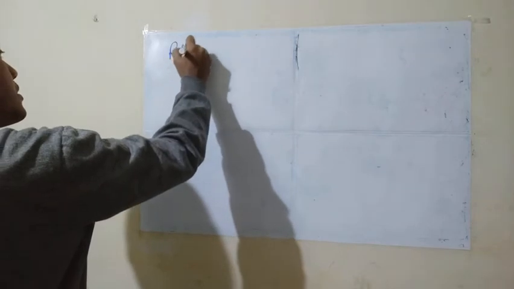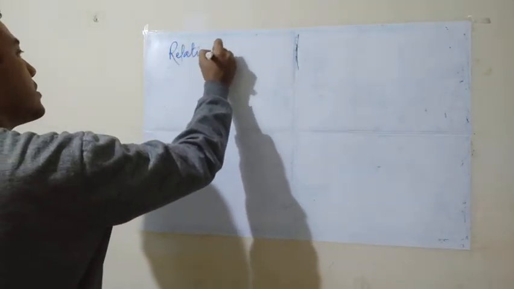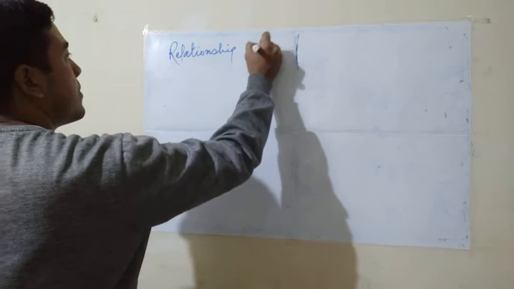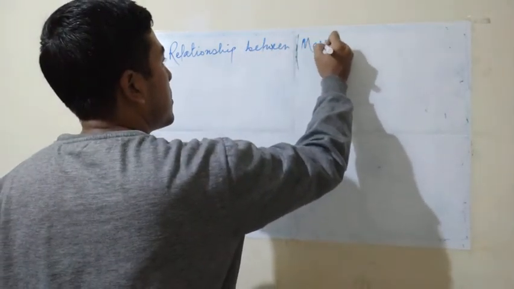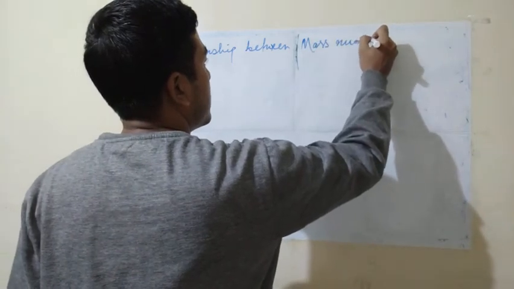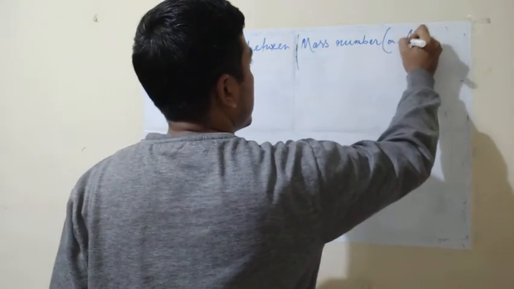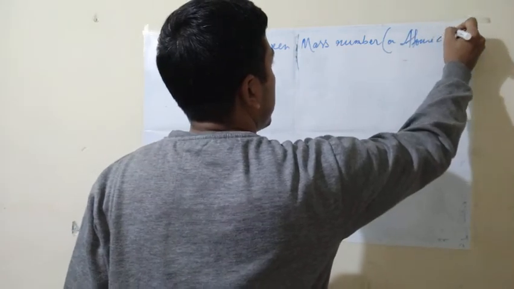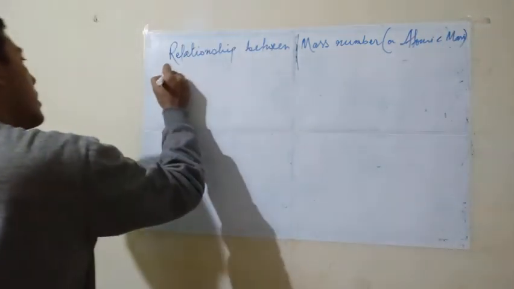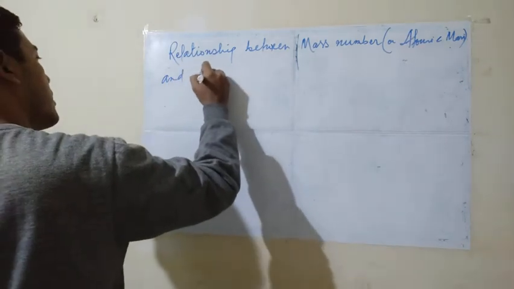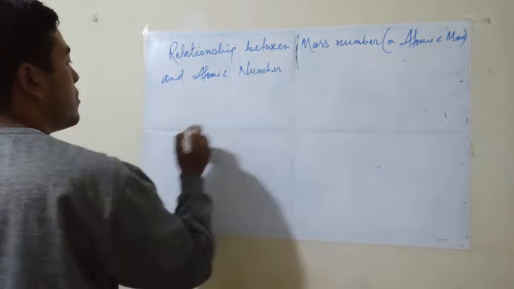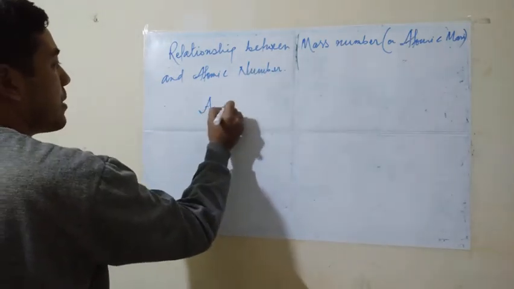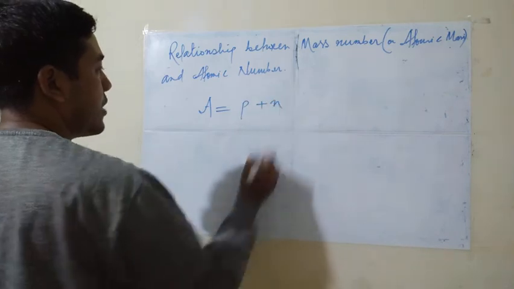Now I will explain about the relationship between mass number, which means atomic mass, and atomic number. Look here, we all know that atomic mass A is equal to P plus N, right?